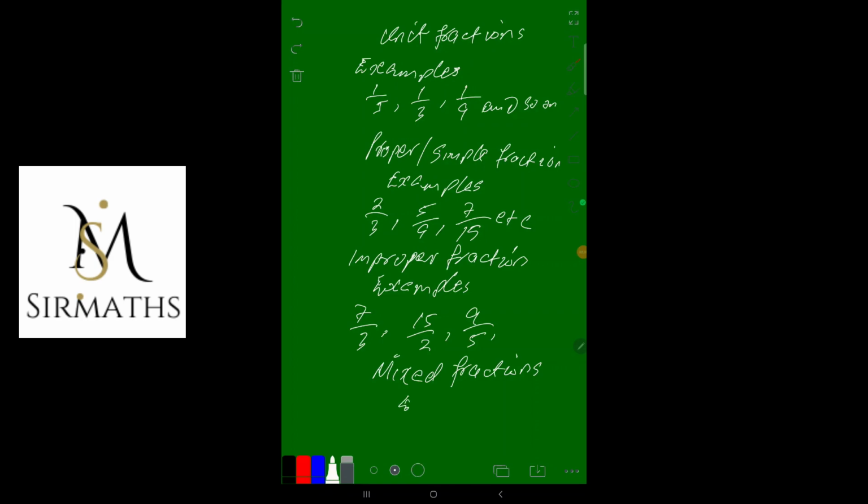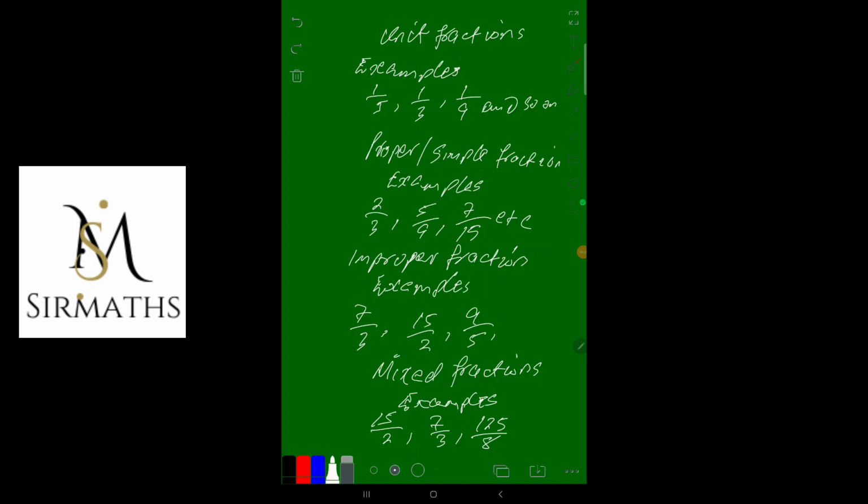Example of this: we have 15/2, 7/3, 125/8. You can see in each of these fractions, the numerator is greater than the denominator. We call this improper fraction. Or rather, I take it again. We are talking of mixed fraction. We are through with improper fraction. So I take it again.